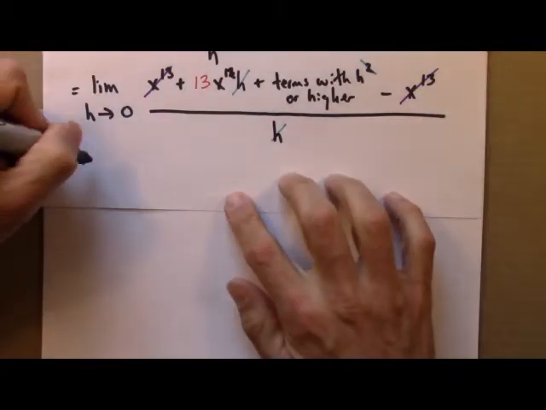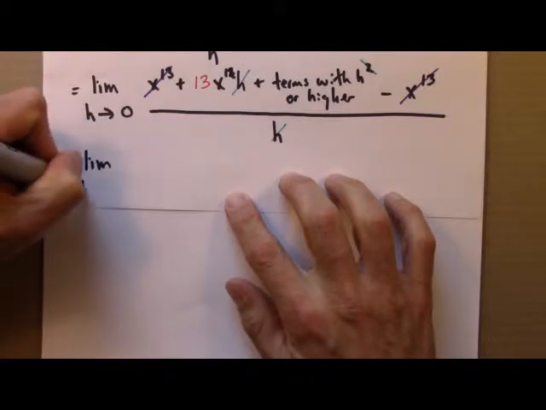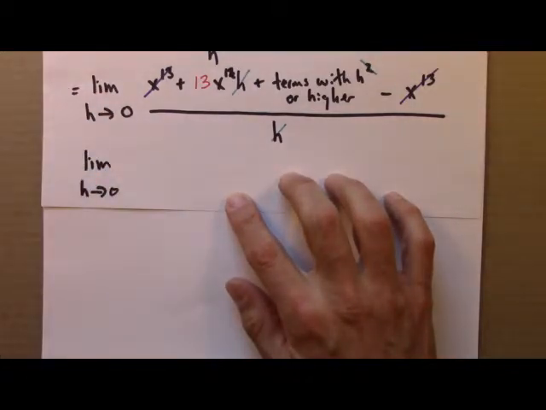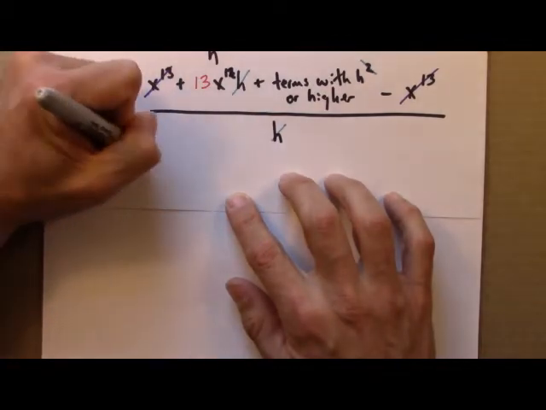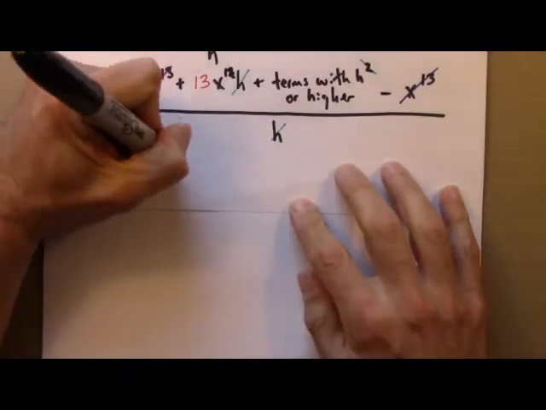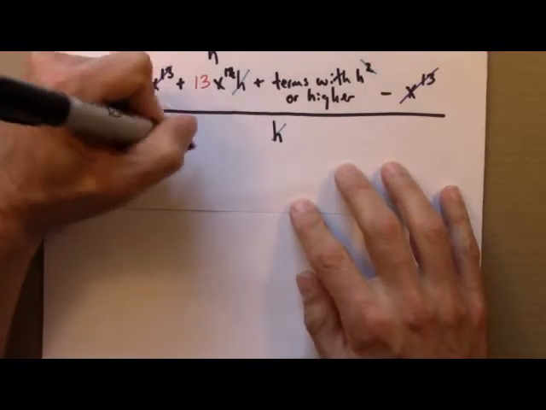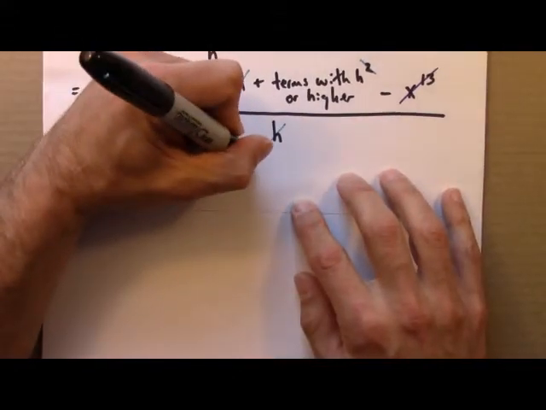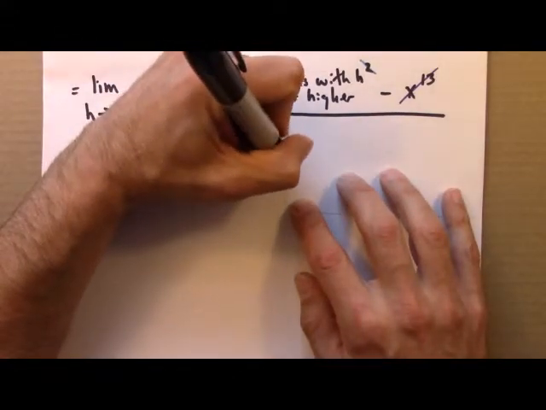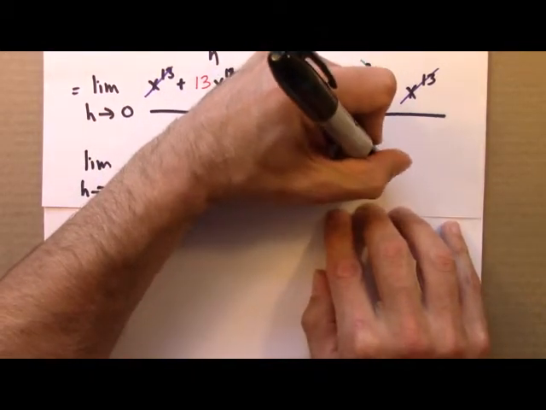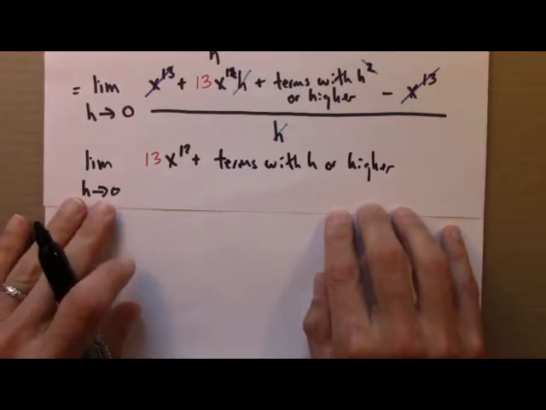So let's see, this is still the limit as h goes to 0. And I've got a 13 x to the 12 plus terms with h or higher.